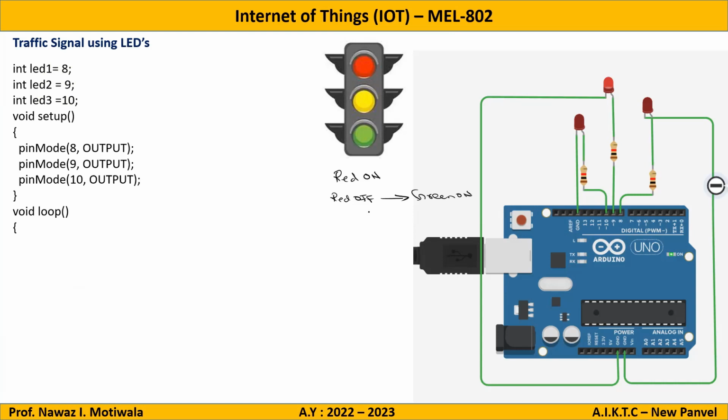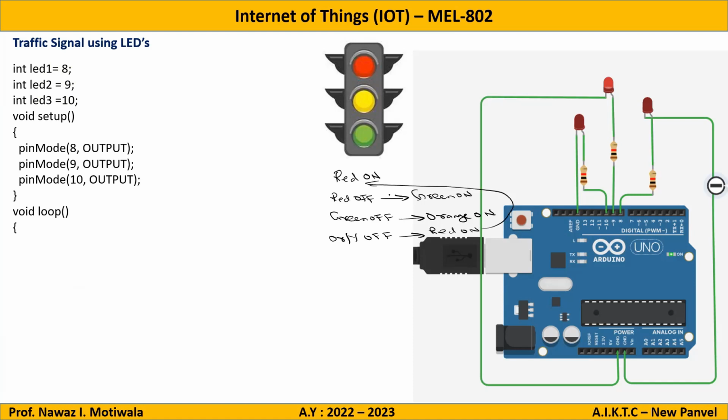Then when green is turned off, at the same time orange or yellow is turned on, and finally when orange or yellow is off, again red turns on, and the cycle will be repeated.